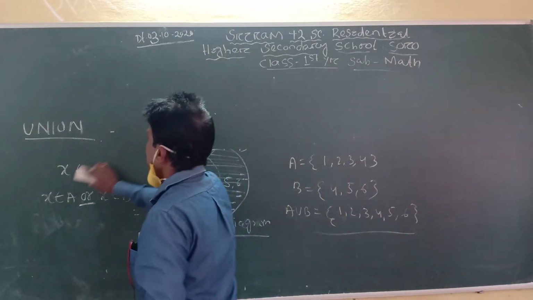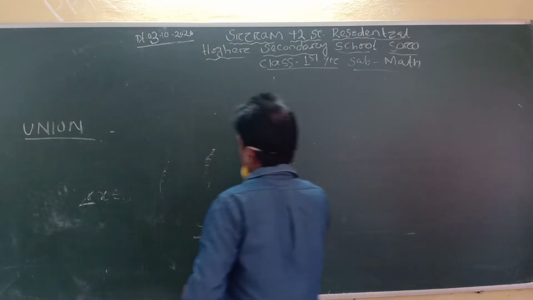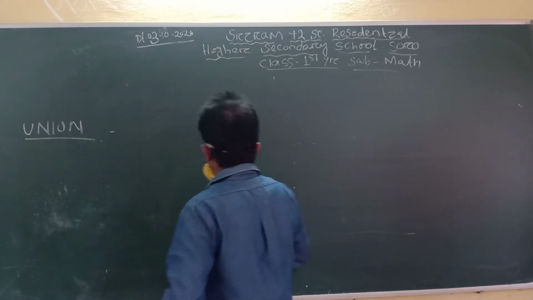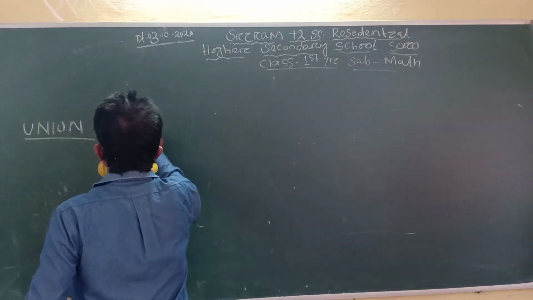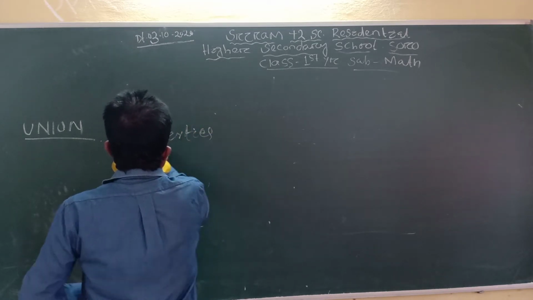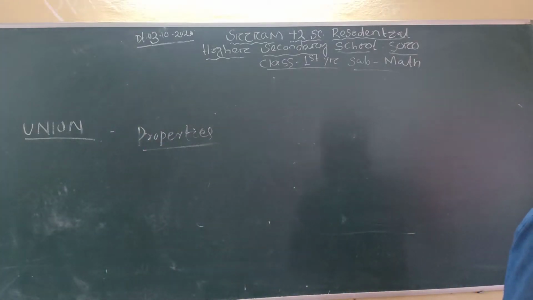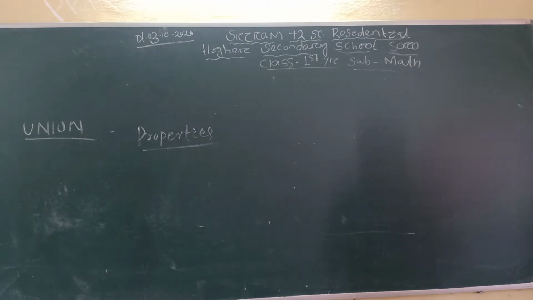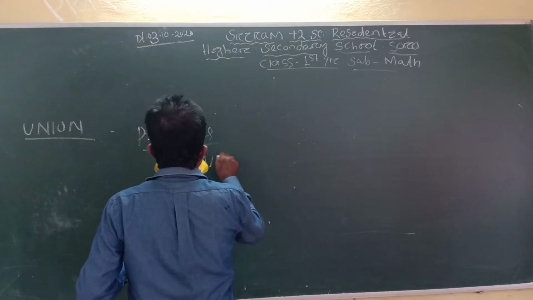Here we are taking two sets, the same sets. A union A is equal to A.